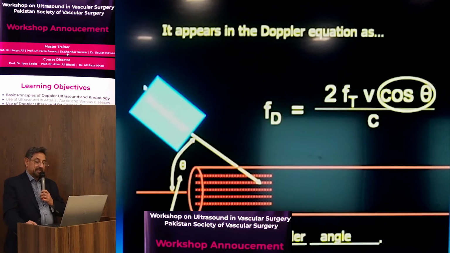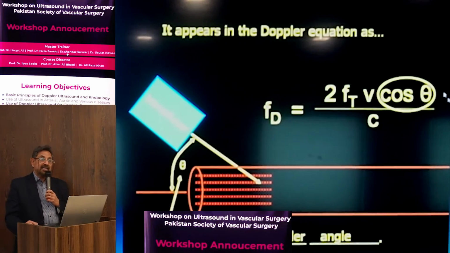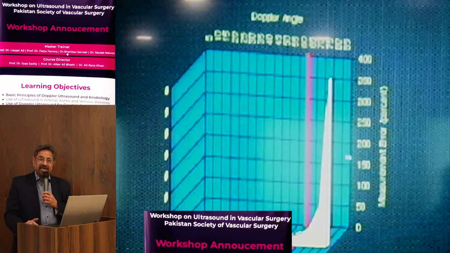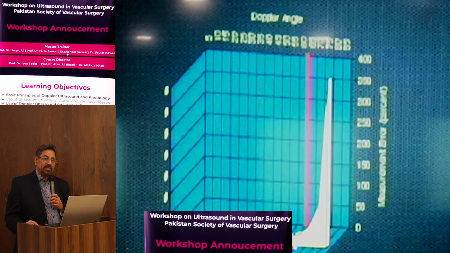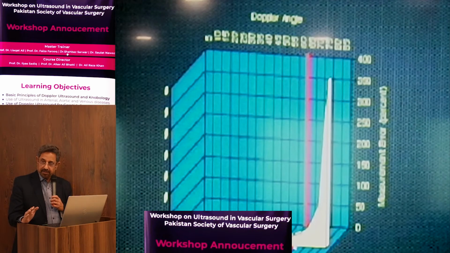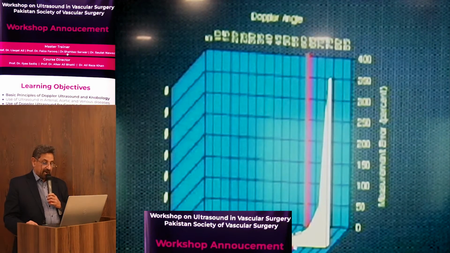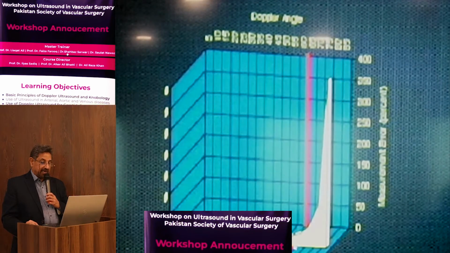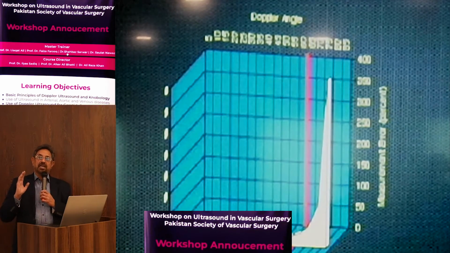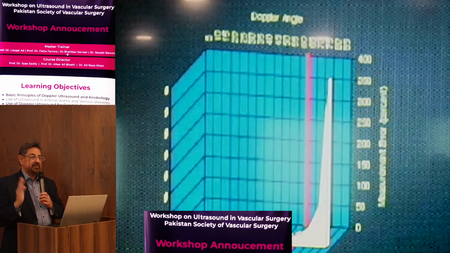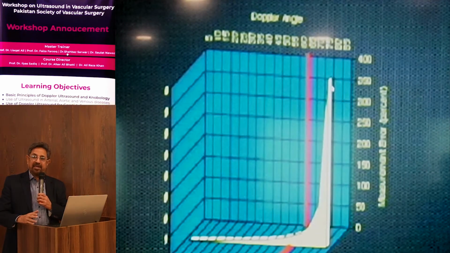Another thing: if our angle is less than 60, we get a better picture because the error is minimum. When the angle is beyond 60, there is a rocketing of error. Up to 60, the error is very low. The moment it goes beyond 60, the error rockets. So if you are scanning at a 70-degree angle, you get very high error.